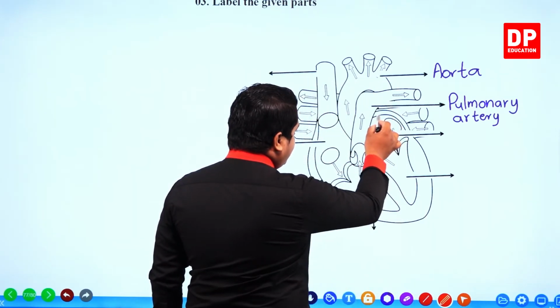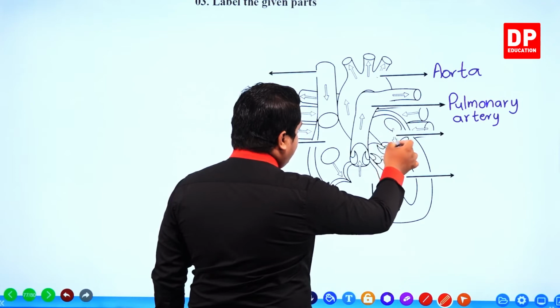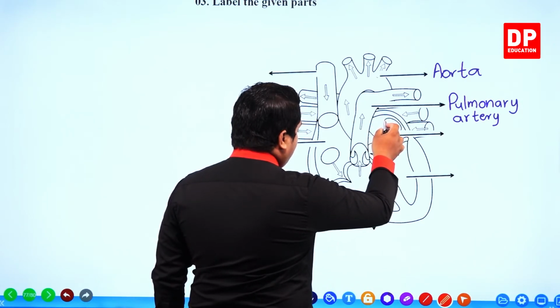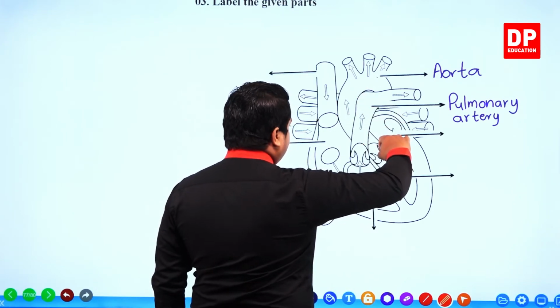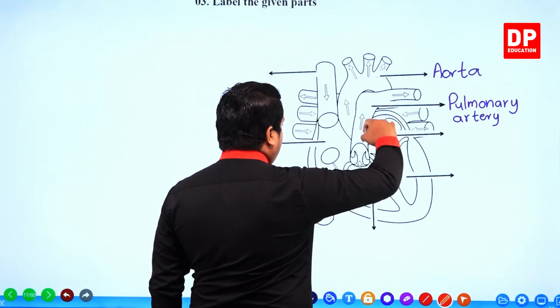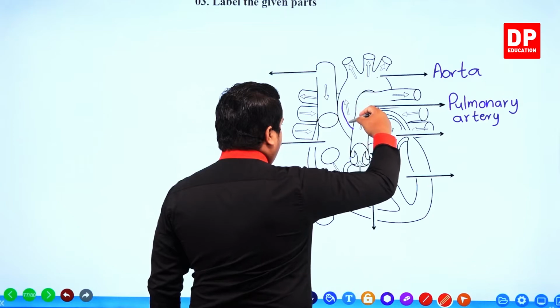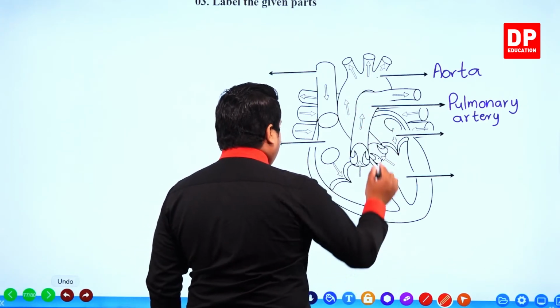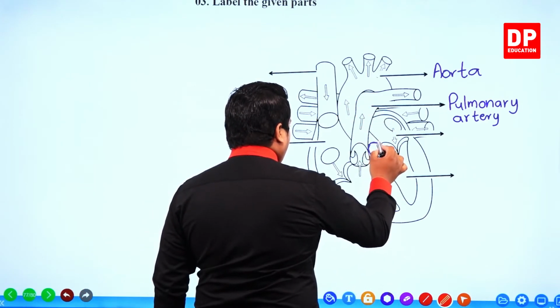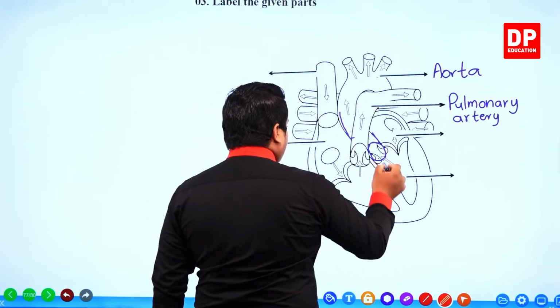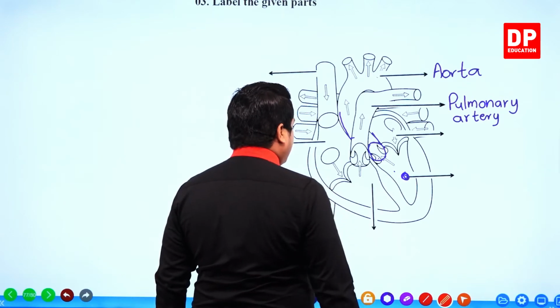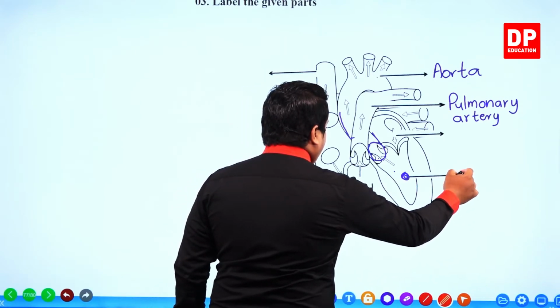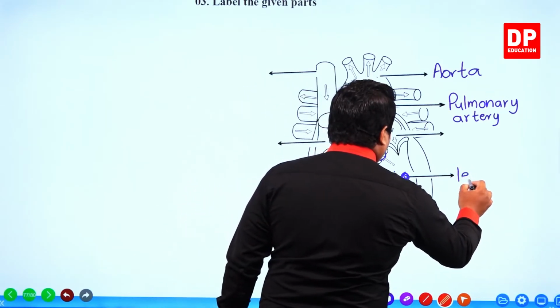This chamber, you know that this is the opening of aorta. You can clearly observe this one is the opening of aorta. So aorta is connected with this chamber. This chamber then definitely should be the left ventricle.